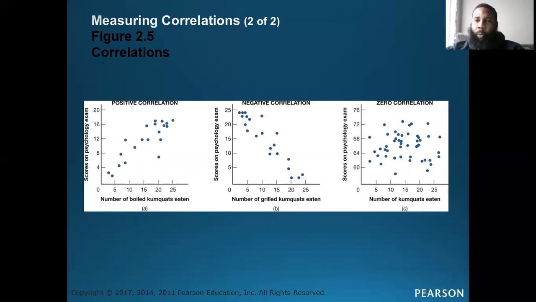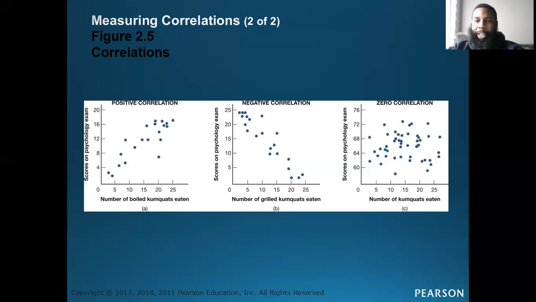So as one variable goes up, the other variable goes down. Okay. So if we were to get this data, then that means that if you get a psych exam from me, you should not eat kumquats, because the more kumquats you eat, the lower your grade's going to be.